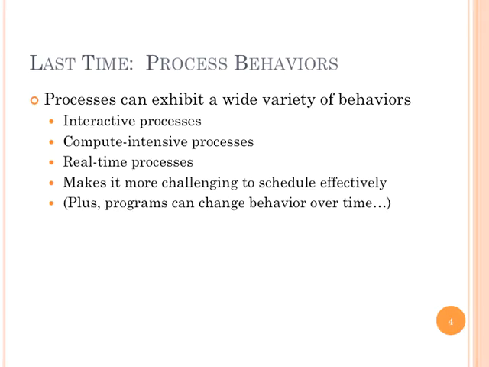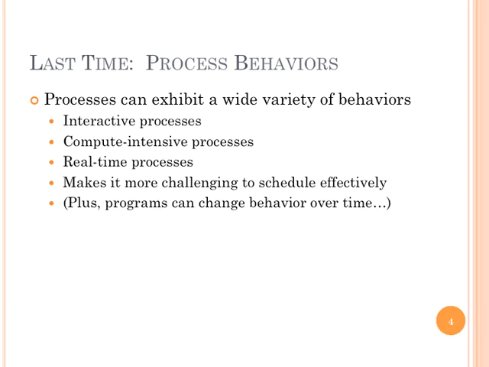We also talked about how we had a wide range of behaviors that processes could exhibit. We talked about interactive ones, which are usually not actually doing anything because they're waiting for input. We have compute-intensive processes, which are computing, so they have the CPU and they're accessing memory. They're not doing I/O. They don't really care about what the user wants, or maybe they're carrying out what the user wants. Let's be positive, right?